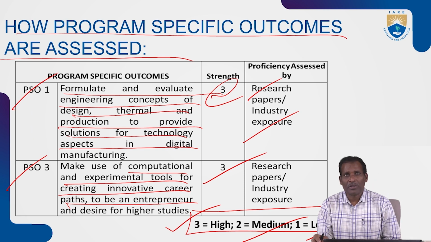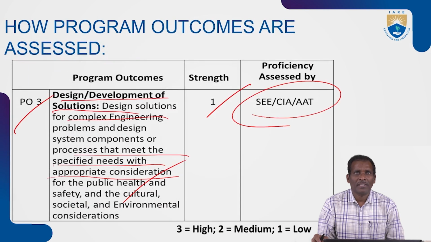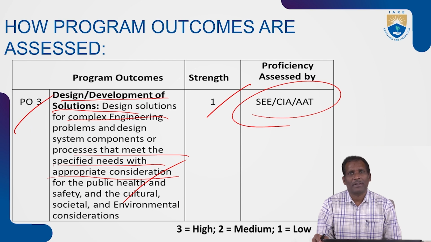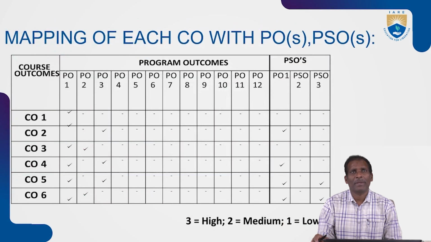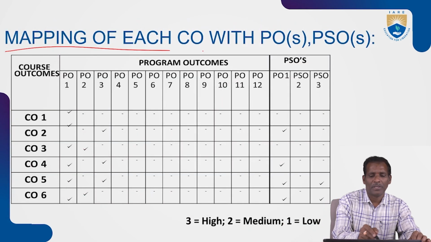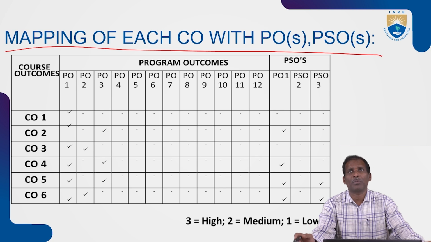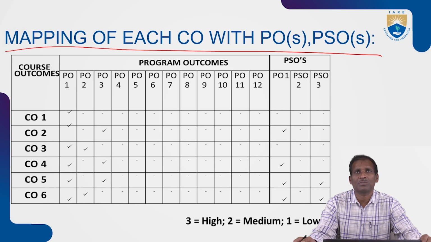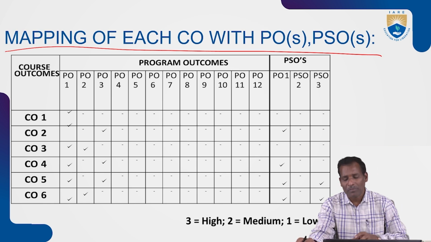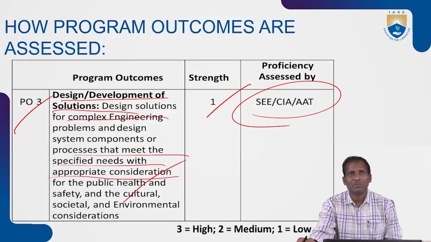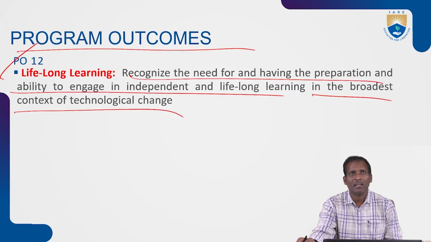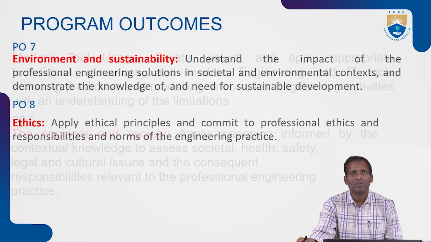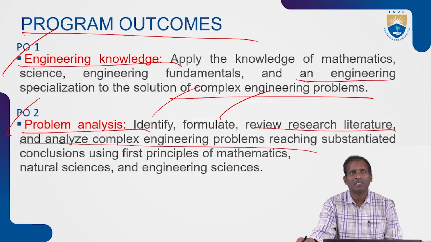So program specific outcomes are defined, and program outcomes are also defined. Now the mapping: mapping of each CO with POs and PSOs. COs are also defined. Total 6 course outcomes are there. Already we have discussed, so go back and see the 6 COs.